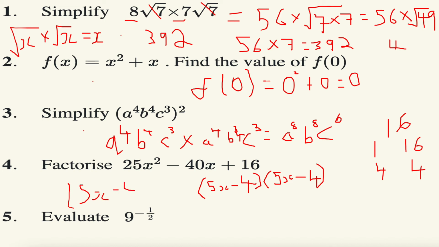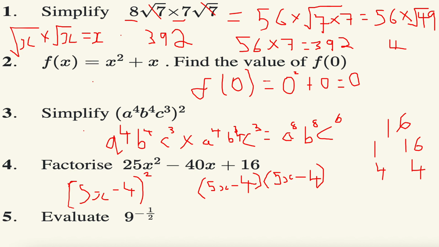And again, this is factorizing harder quadratics where the coefficient of x squared is bigger than 1. So I would advise that you practice some worksheet questions from Maths Genie, and feel free to comment below if you're not sure on how to factorize it. I did it by a trial and error method.